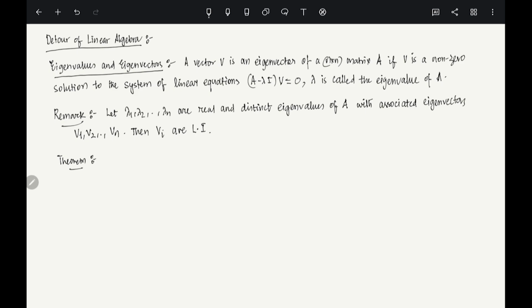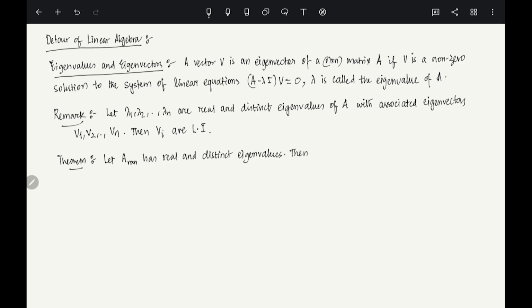Let's say you have an n cross n matrix A that has real and distinct eigenvalues.